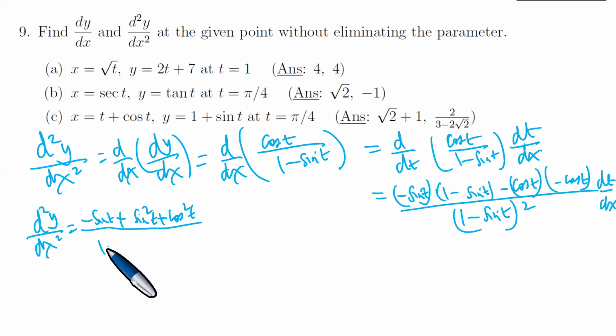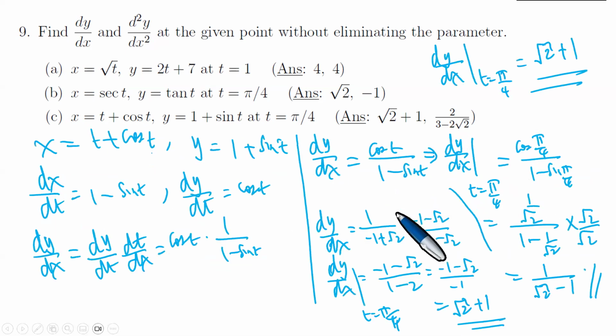You divide by 1 minus sine t squared. Then you have dt dx. What is dt dx? dt dx is 1 over 1 minus sine t.